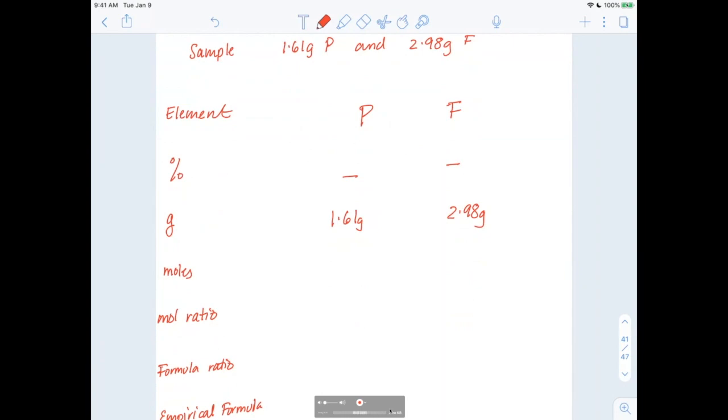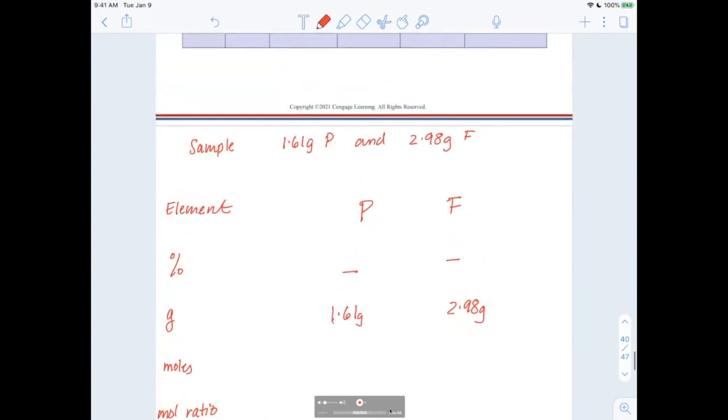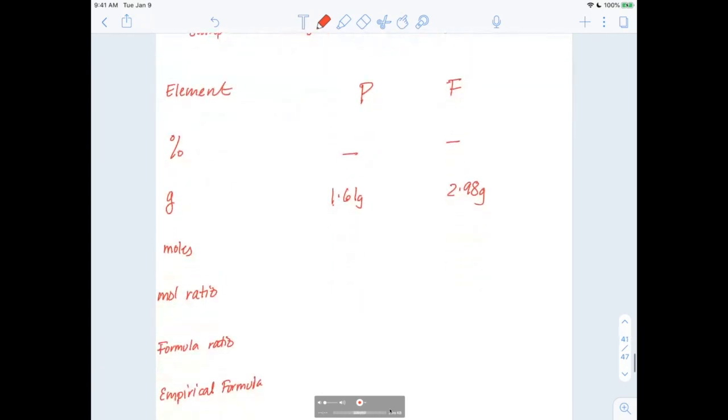Now I have to get from grams to moles. On the side note right here, moles equal grams over molar mass. Remember that this is periodic table molar mass.